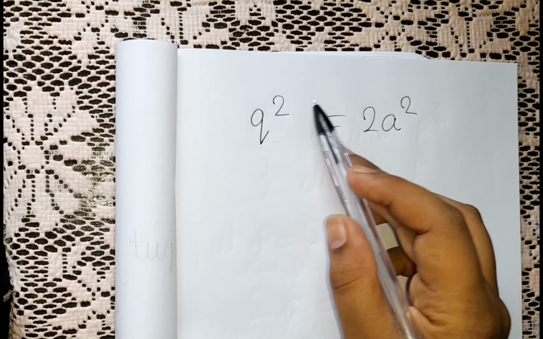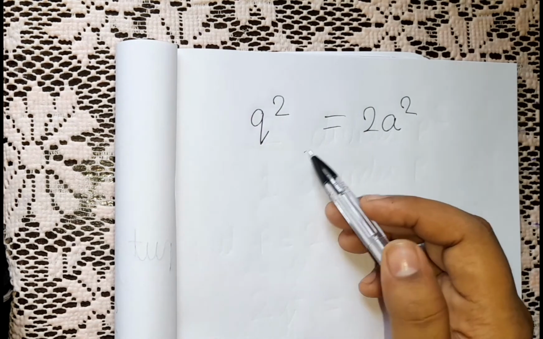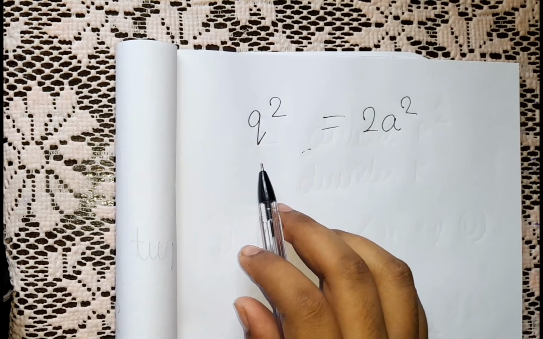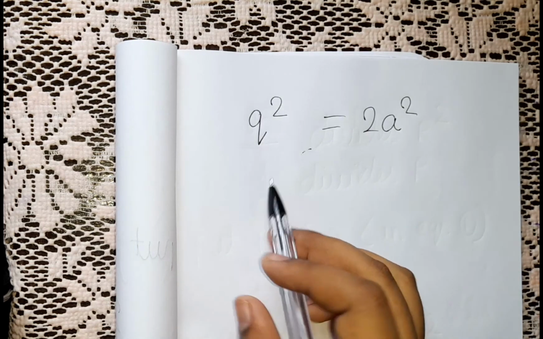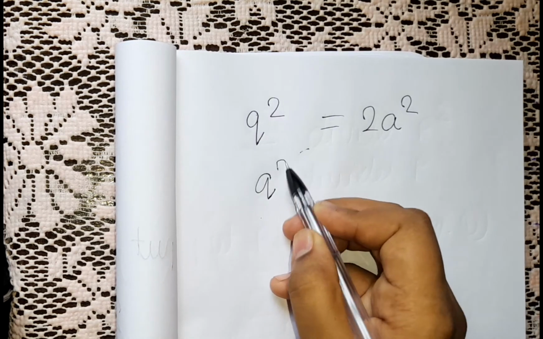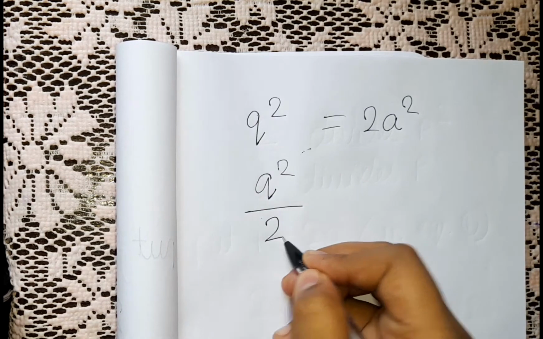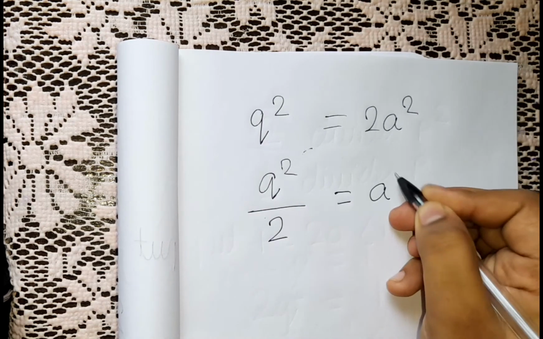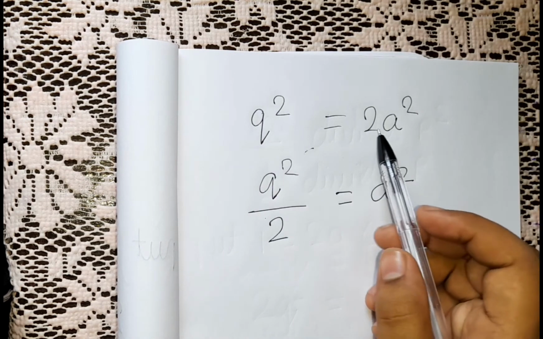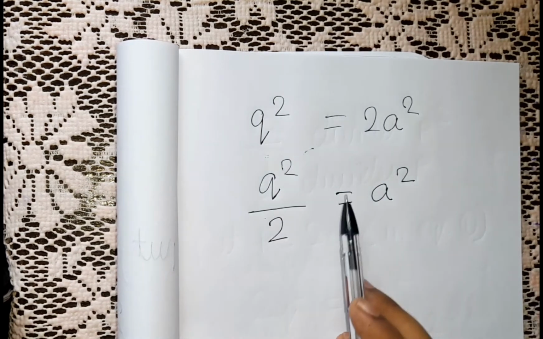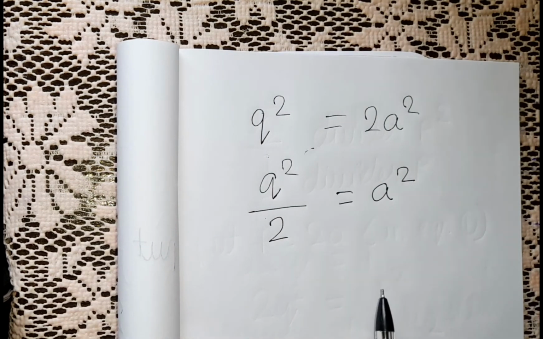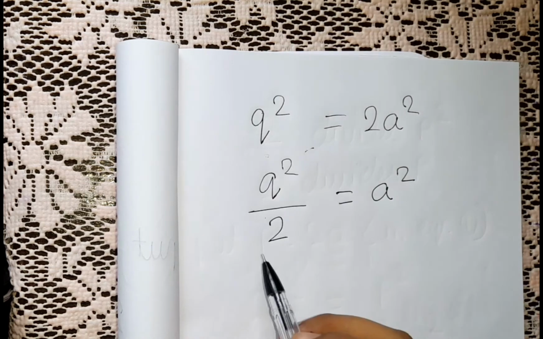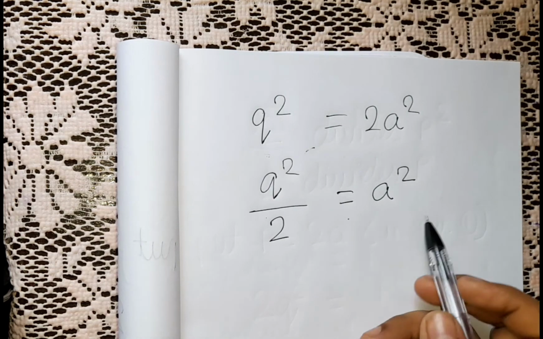When it crosses this bridge, that is the is equal to bridge, and comes to this side, we shall write q square divided by 2 is equal to a square. So we just came to this side and it changed its sign into division. So now it is q square divided by 2 is equal to a square.